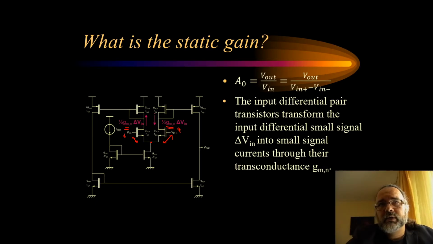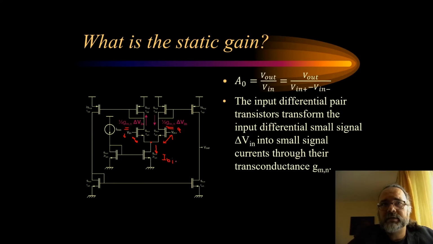So there will be small signal current imbalances in the input stage, which will increase a little bit this current in this branch and will decrease a little bit the current in this branch. The sum of the currents will stay the same, equal to I bias.